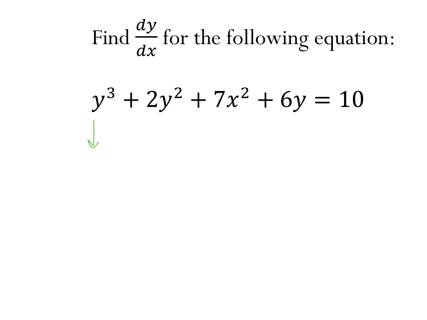Okay, so if I asked you to do this one, my first term would be 3y squared dy dx. The derivative of my second term, 4y dy dx. 14x plus 6 dy dx equals 0, because the derivative of a constant is 0.